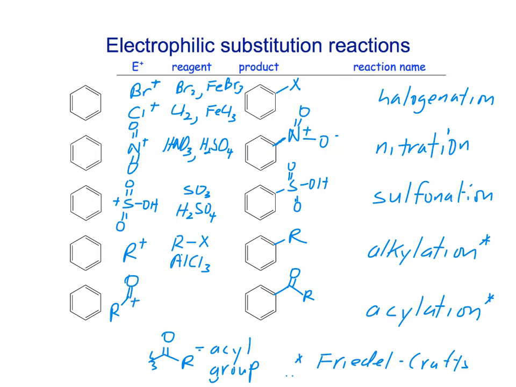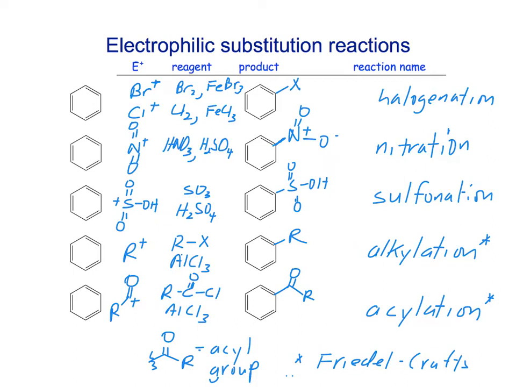We've seen those before. Do you remember where you've seen an acylium ion? Mass spectrometry. Yeah, so that's the ion we get when it cleaves next to the ketone in mass spectrometry. So the reagents we use are, this is called an acyl chloride, and again, aluminum trichloride.